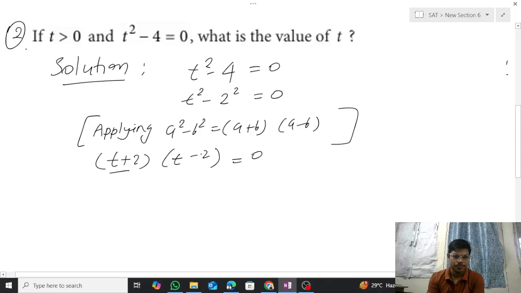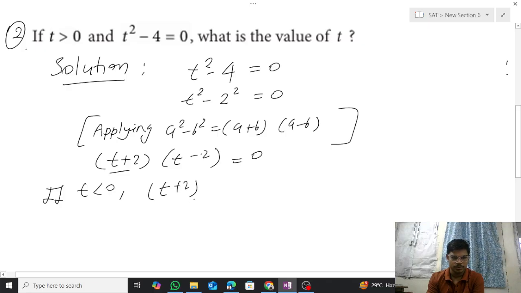Now, if my t is less than 0, see what is going to happen here. If t is less than 0, what can you say about t plus 2?